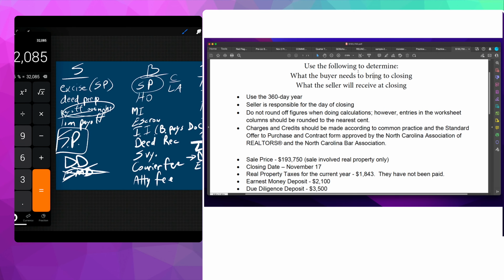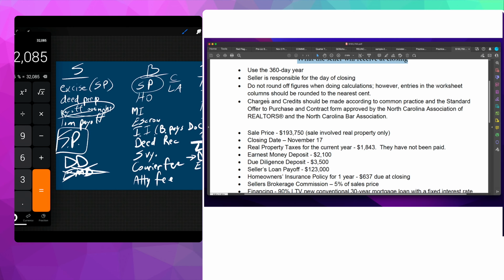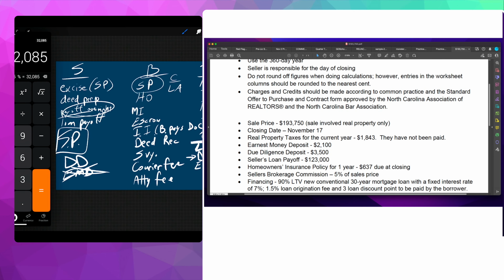It says, I need you to get two things out of this scenario. Tell me what the buyer needs to bring, and then also tell me what the seller will receive at closing, using the following facts. Obviously, a reminder that it's a 360-day year. Seller is responsible for day of closing, compared to both, except for interim interest, in which case it's the buyer. Don't worry about this one.